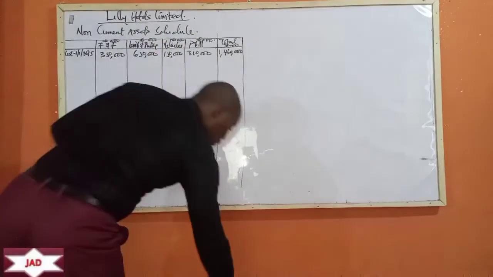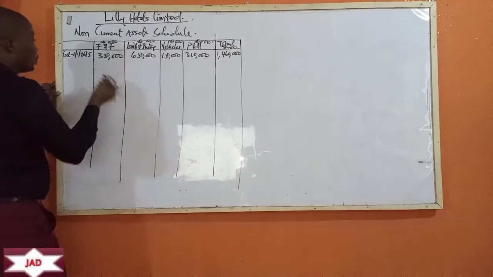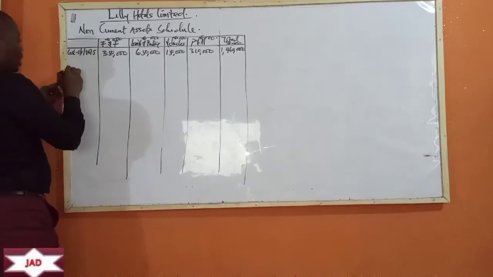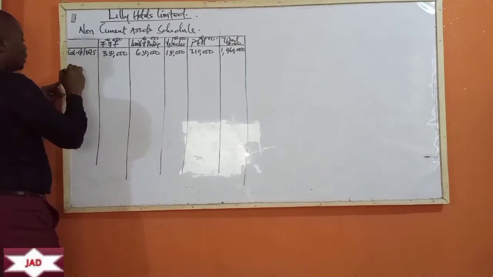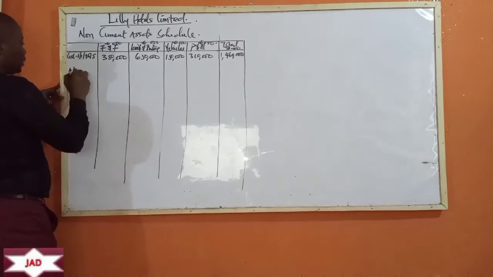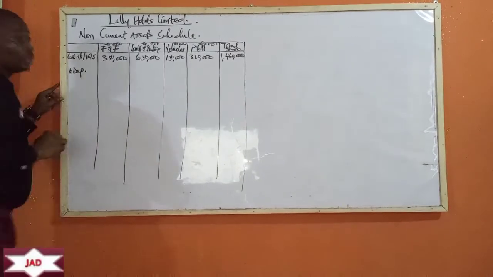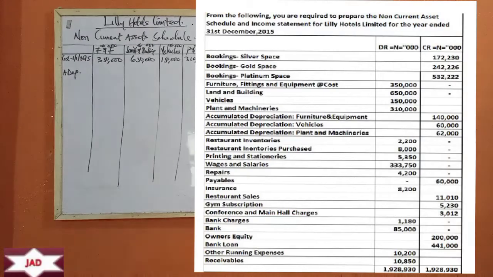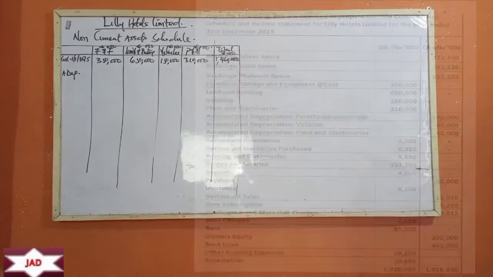Now let's say we have accumulated depreciation. What are the accumulated depreciation for furniture and equipment? I can see 140 million.